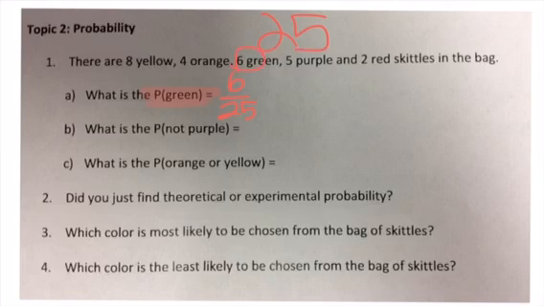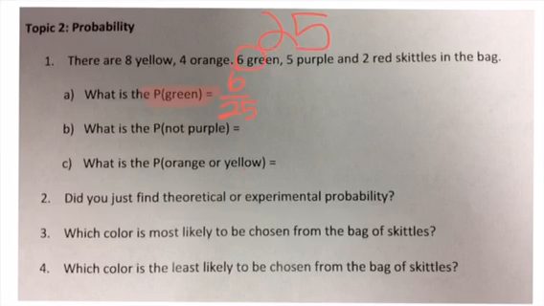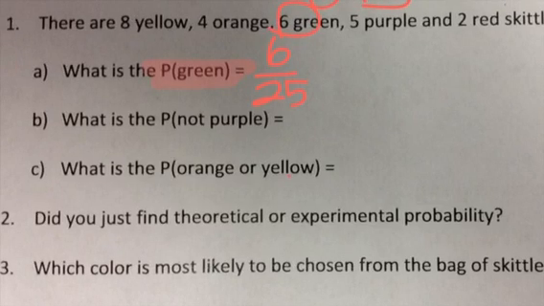So now let's look at part B. It says, what is the probability of not purple? So think about that for a second. What does that mean? Not purple means I'm going to get yellow, orange, green, and red. So what is 8 plus 4? That's 12. Plus 6 is 18.